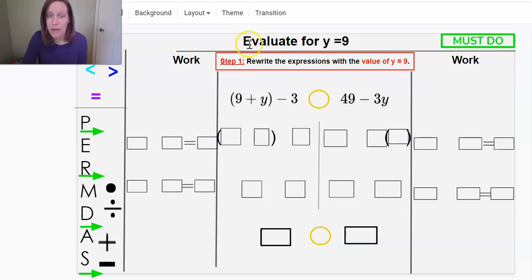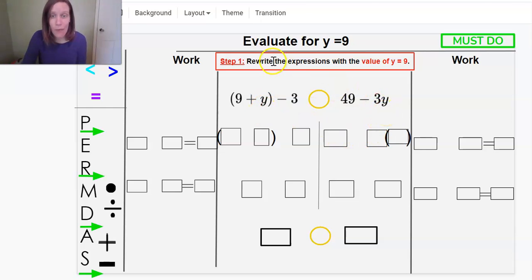It's the same thing we're evaluating just like we did last week, which means we have two expressions here that have variables in them. The variable is y. Remember that a variable means when this problem was originally written, we did not know the value of that letter y, okay?